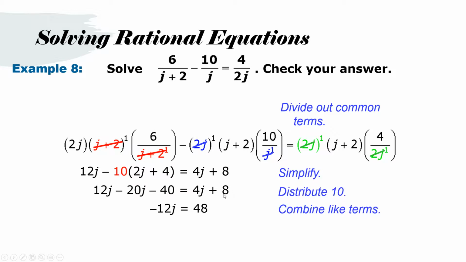So, 8 minus negative 40 is 48. Then, of course, what number do we have to multiply by negative 12? The answer is 48. What number, if we multiply by negative 12, gives 48? The answer is negative 4.